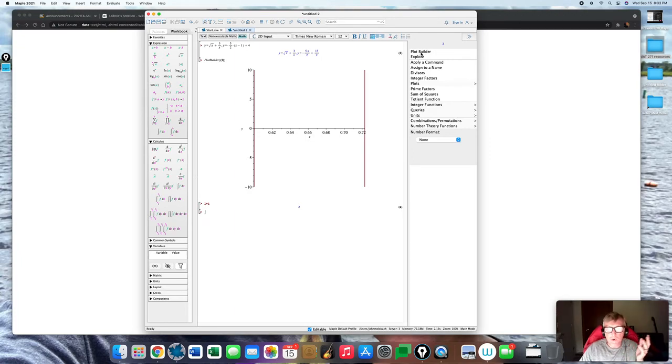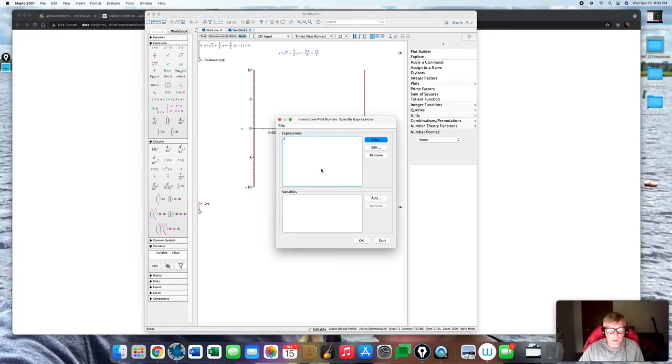And I'm just going to go to plot builder on its own, right? Okay, so now that I've got plot builder on its own, I guess I just had to keep fumbling around until I could get plot builder to work. For whatever reason on a Mac, it's a little finicky. But anyway, once you get the plot builder tool to come up, you can put in your functions.